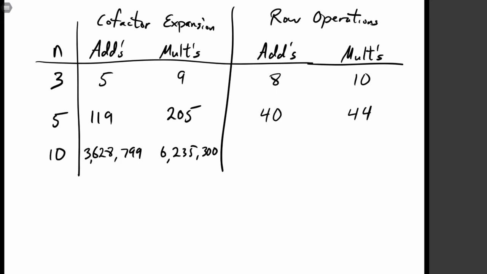What about row reduction? 330 additions, 339. Now, obviously, you probably don't want to compute this by hand. If you had the worst possible matrix, obviously you'd be here forever doing cofactor expansions. But row operations, well, it's a lot better.